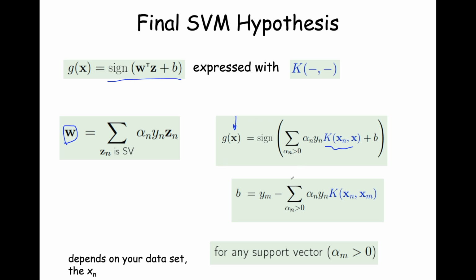We can solve for B by taking one of the support vectors in z-space and solving this equation. Again, this just involves an evaluation of the kernel function, our inner product, across our data set, for that particular X_M, the support vector corresponding to alpha M, where alpha M is greater than 0. That means X_M is a support vector.